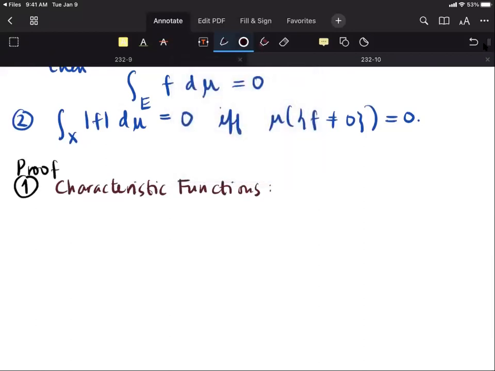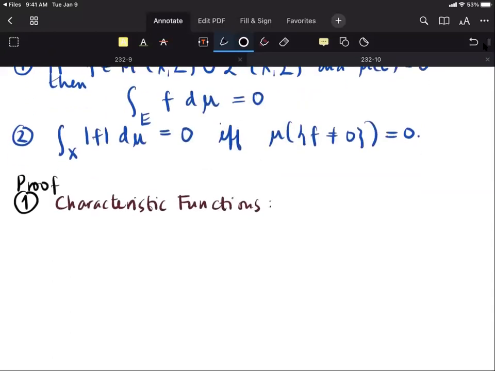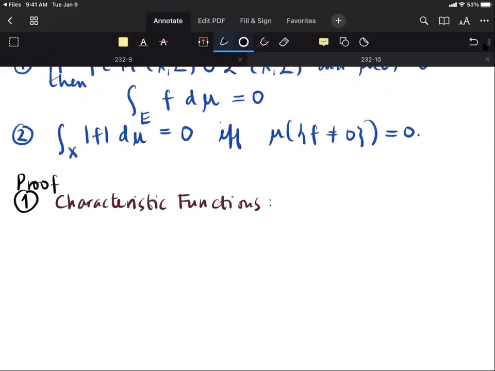So here, suppose that f is this indicator function, where A is in sigma.